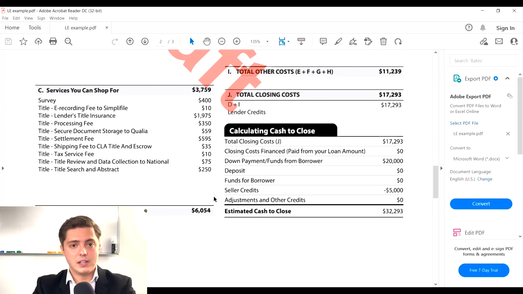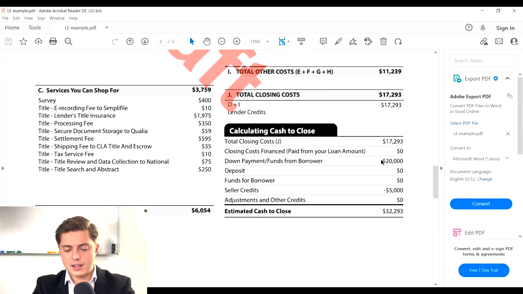So we don't have that information right away. That's something we find out later in the process. Same thing with homeowners insurance. So again, this is an estimate. These things could change if this were a real scenario.